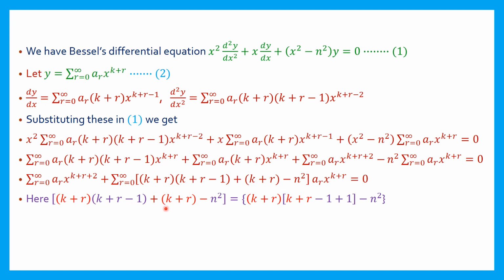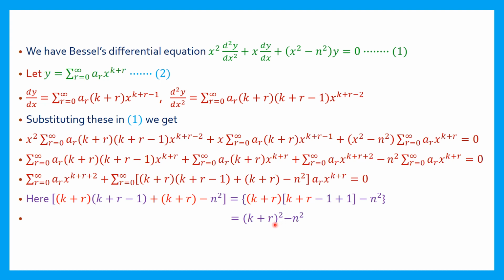So we can write k plus r into k plus r minus 1 plus 1 minus n square, so that minus 1 plus 1 will be 0. So k plus r into k plus r remains, minus n square, which means k plus r whole square minus n square.